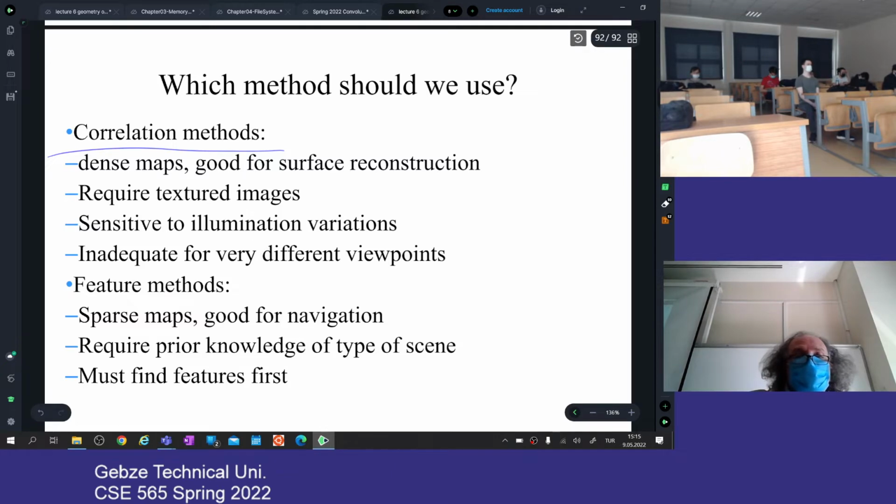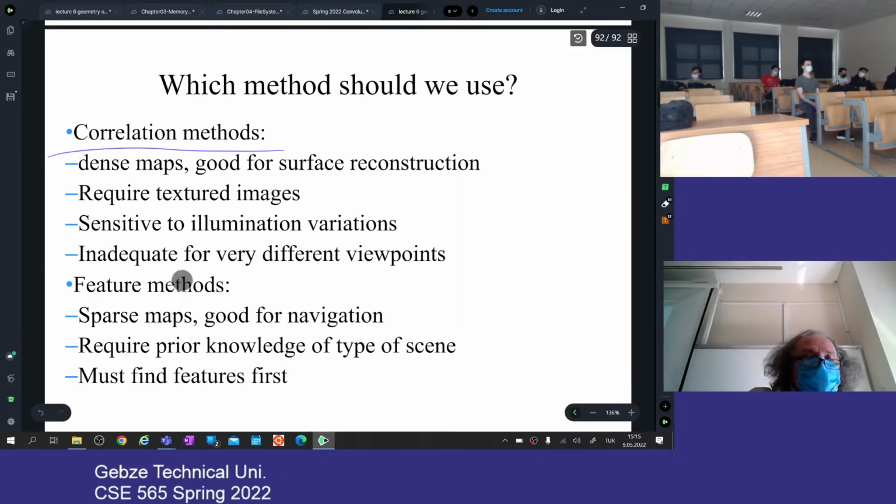If your images are all flat, it will not work. And they are sensitive to illumination variations. If your left image and right image have very different brightness, they are sensitive to it. And if your viewpoints are very, very different, then it will not work either.